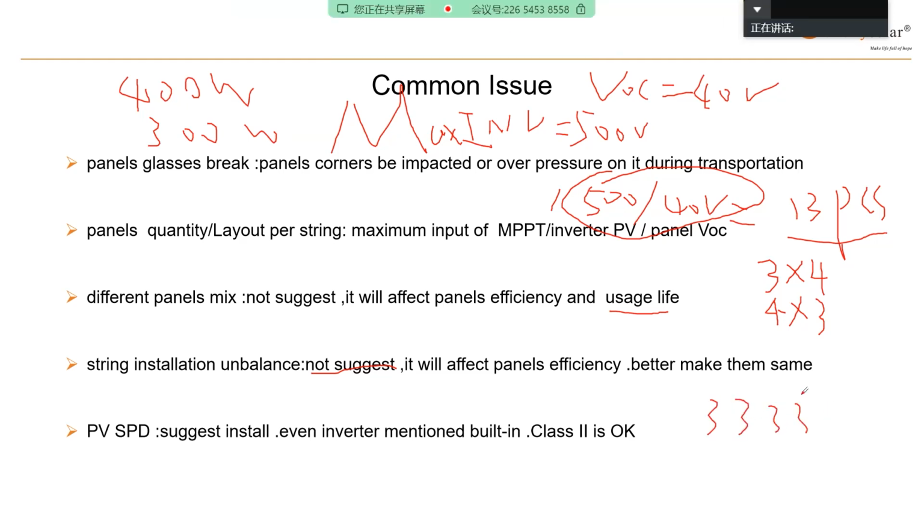Sorry, this is 4. So 3 pieces, 3 pieces, 3 pieces, and 4 pieces. Here this 4-piece string, the voltage is higher than the other 3-piece strings, right? But when they combine, the voltage becomes the same. That means the extra one, the power is wasted.